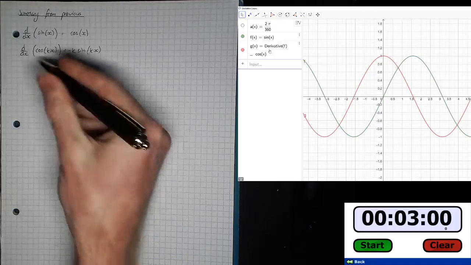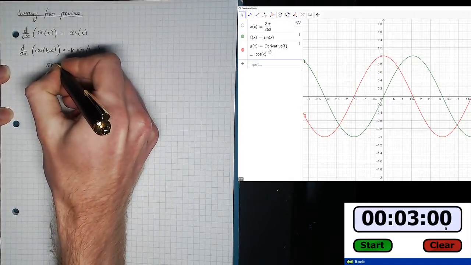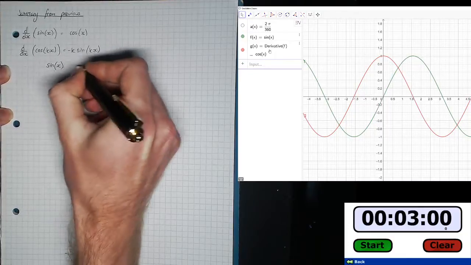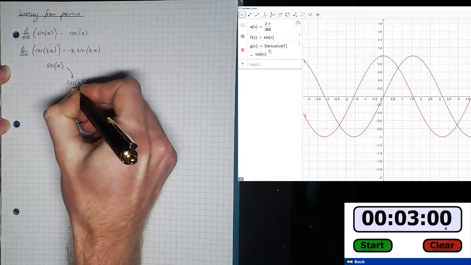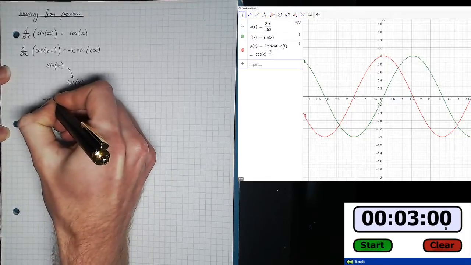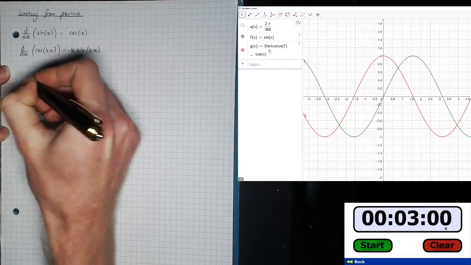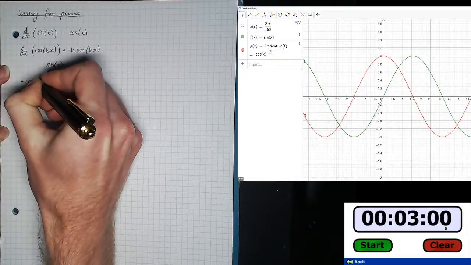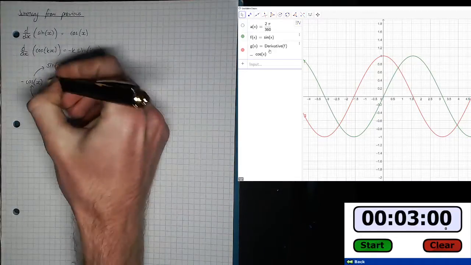And we also saw that there's this lovely kind of pattern to differentiating with sine and cosine. So sine differentiates to cos, cos differentiates to negative sine, negative sine differentiates to negative cos, which differentiates back to sine.